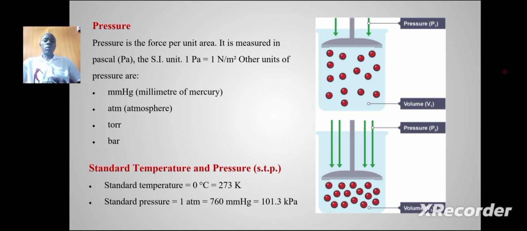Because the volume of a gas changes with temperature and changes with pressure, we need to define standard conditions for defining the volume of a gas. I don't know whether you've made this observation in the past, where you inflate a ball to a certain extent and you keep it in the sun, and then you see the ball begin to rise after some time.